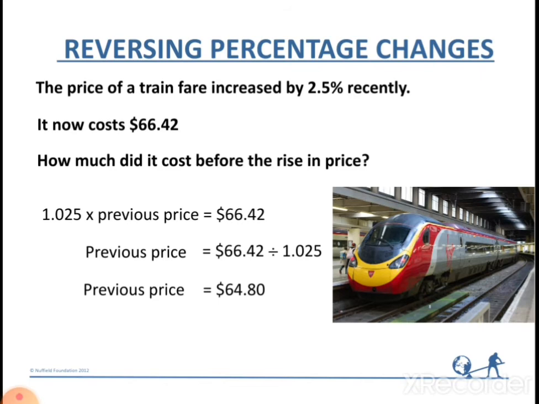Firstly we write 1.025 multiplied by the previous price equals $66.42. 1.025 is multiplying on the left-hand side, so when we transfer it to the other side it becomes division. So we divide 66.42 by 1.025. If we solve this, the answer will be $64.80.